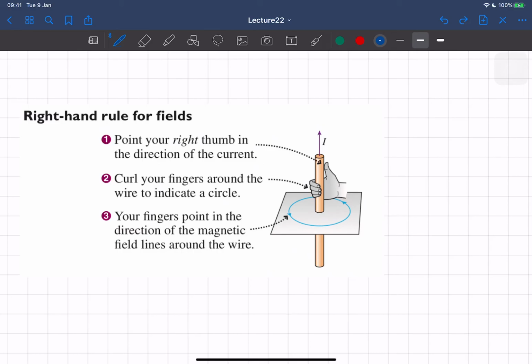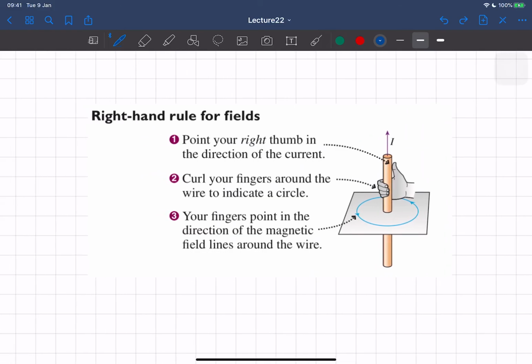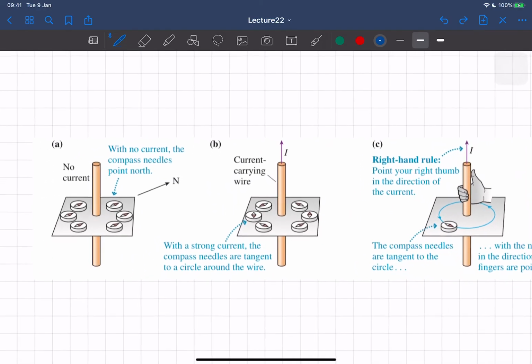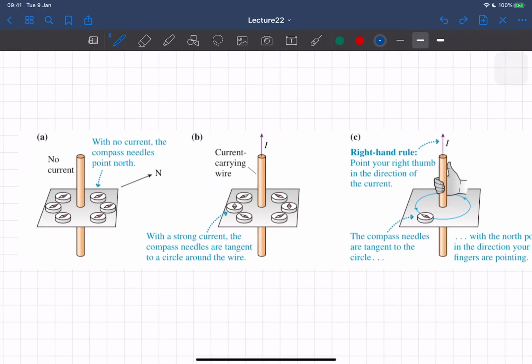So we're going to use this when we use Ampere's law to figure out the magnitude of the magnetic field. So let me go to this diagram first.